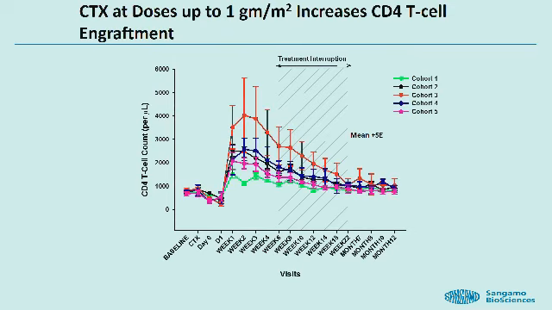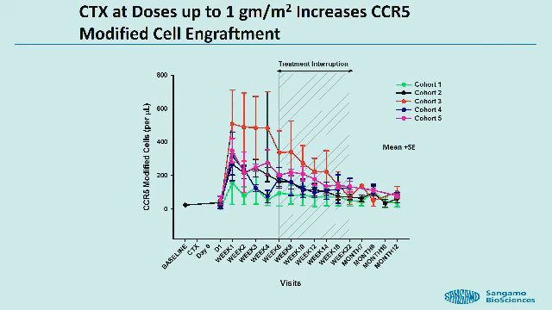So here's data from that study, and at doses up to 1 gram per meter squared, there were increases in the CD4 engraftment that you can see here. And also that carried over to increases in the CCR5 modified cell engraftment.